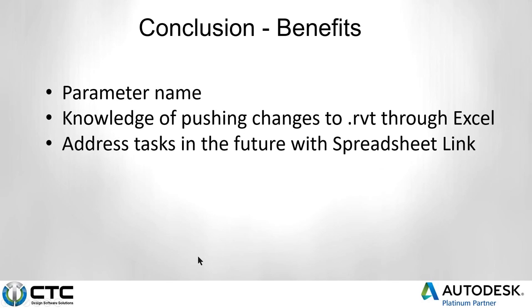And then the third benefit includes addressing tasks in the future with Spreadsheet Link. So we touched on all disciplines, MEP, and we basically wanted to show you what kinds of things you could go to in case something's not working.